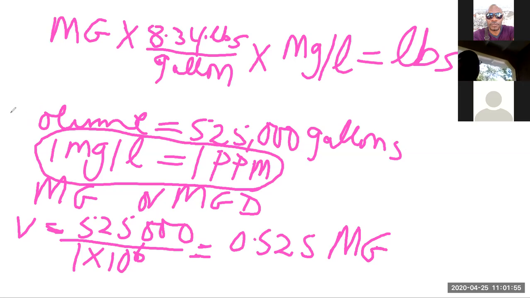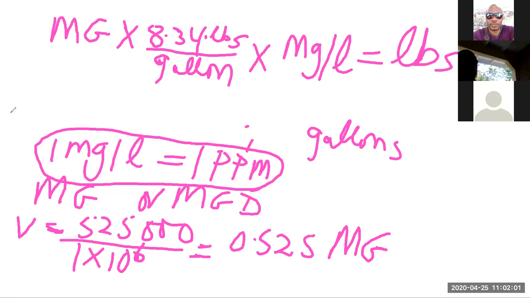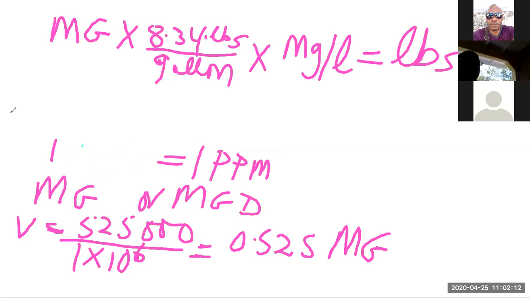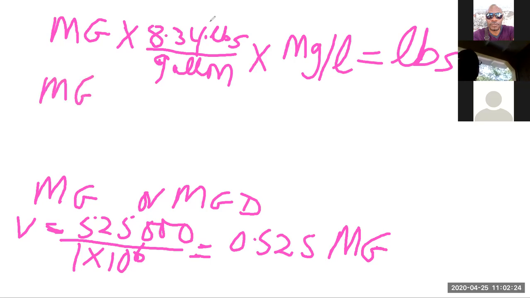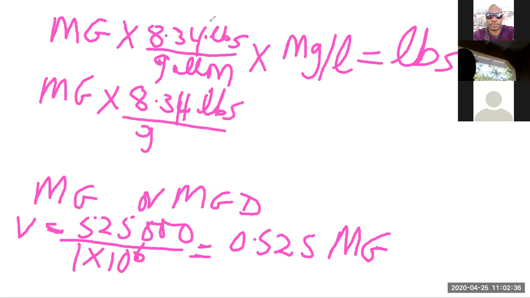And if the question, they decide to swing the question and use ppm, have it in your head also. As I say, 1 milligram per liter is equal to 1 ppm. So I'm also saying to you that million gallons, not milligrams, the million gallons is the same formula, by 8.34 pounds per gallon.